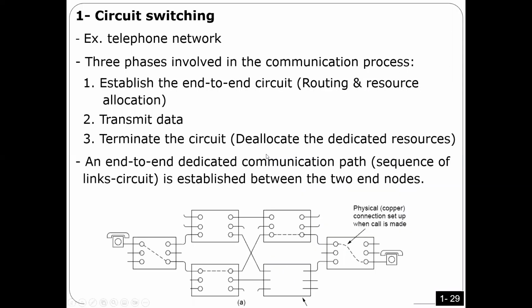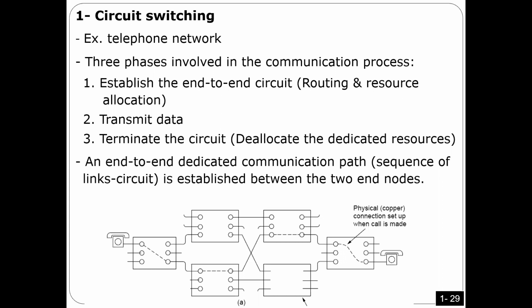Okay, so last time I told you there are two ideas to connect two computers together. One idea we call circuit switching, and this is the idea used in the telephone network.